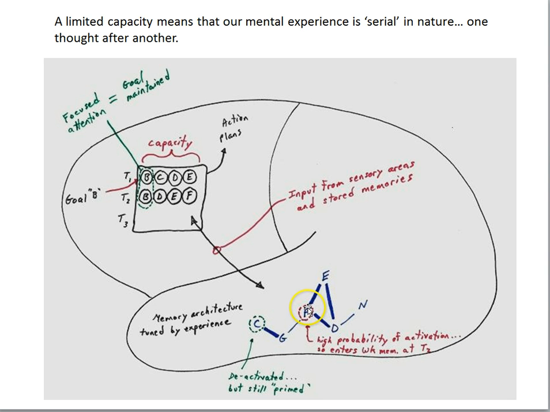Item E is going to strongly activate F, and item D is going to strongly activate item F. Over here, item C, which was at time 1, might strongly activate G, but G is not going to get any activation from any other source. So as a result of the particular contents of working memory here, and the strengths of associations between memories, it's item F that enters working memory at time 2, not item G.